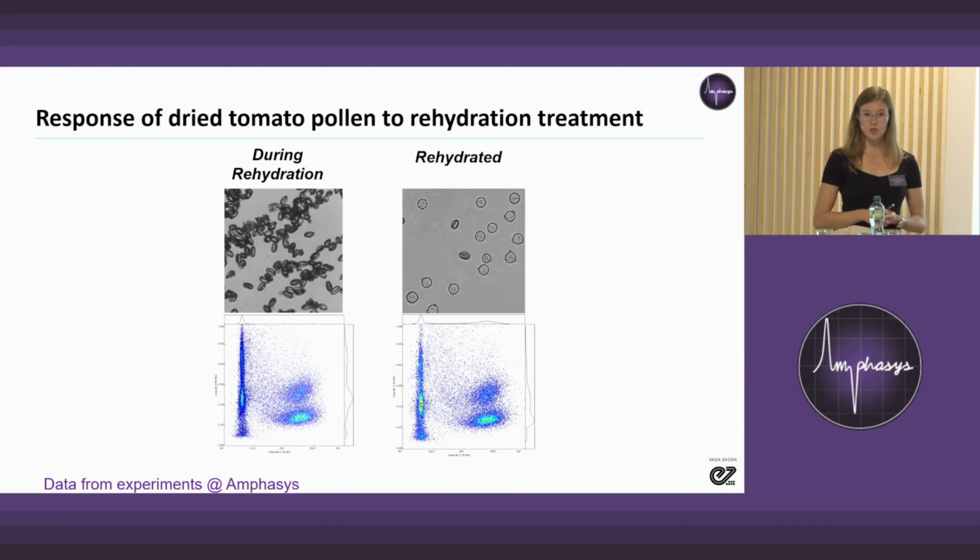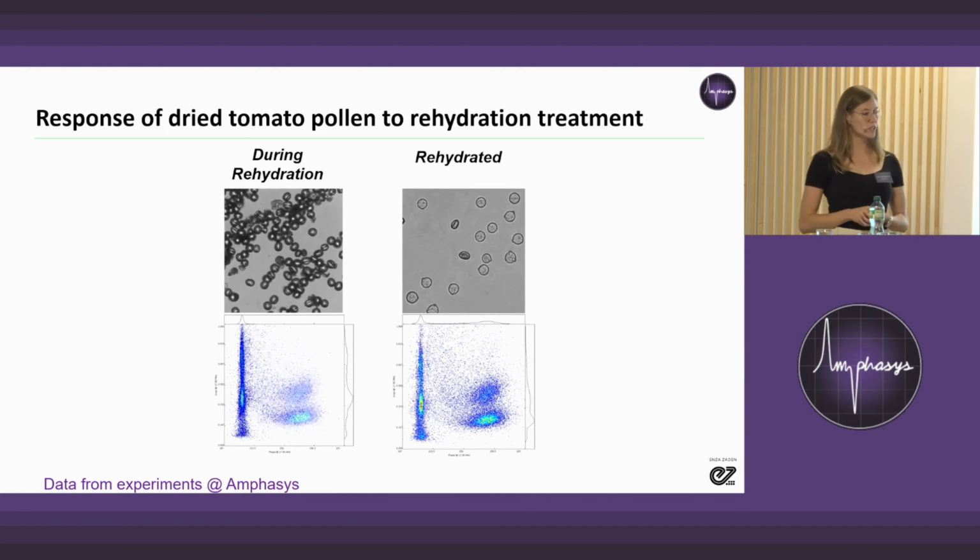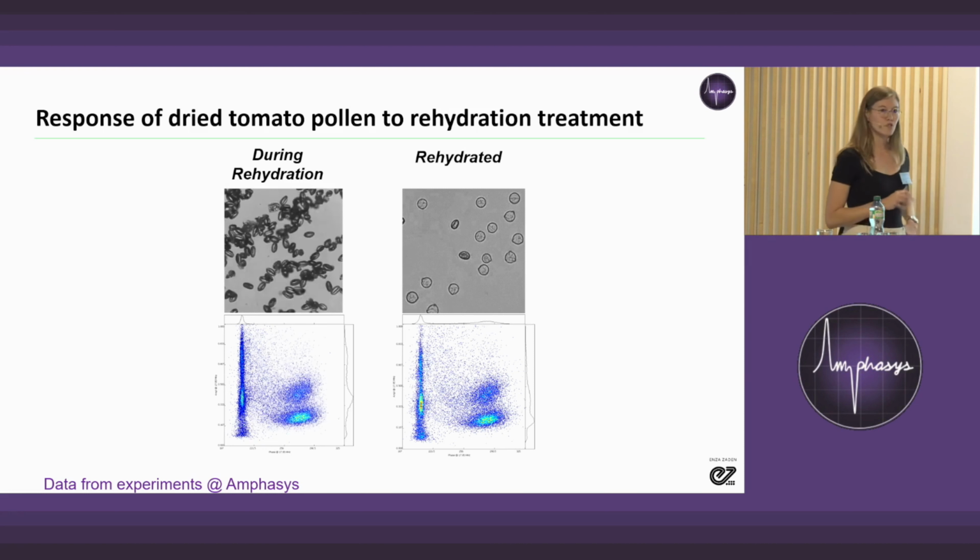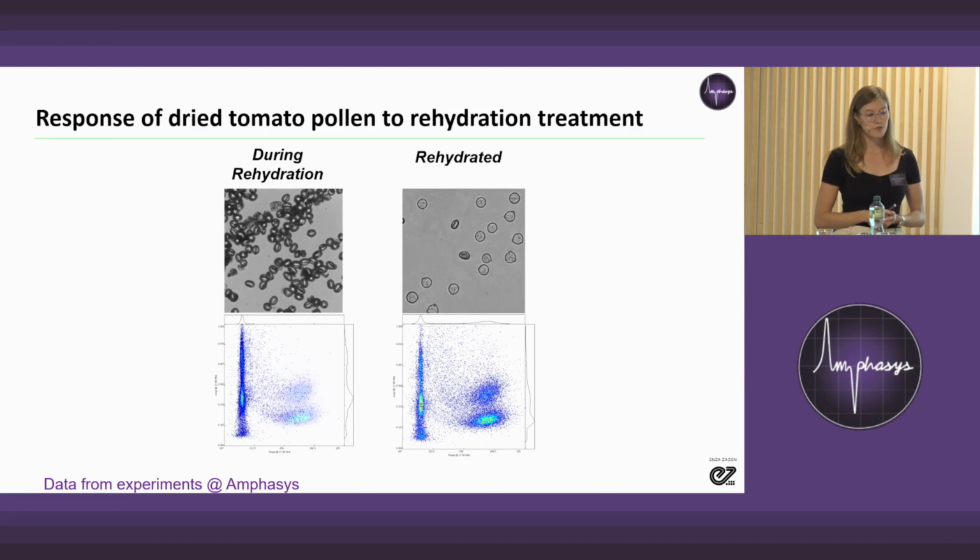Here you see the response of dried tomato pollen to a rehydration treatment. As you may know, or as you can see over here as well, when we have dried pollen of the Solanaceae, they have furrows. So they are able to, once they are dried, to kind of fall into themselves, and they have this kind of coffee bean shape.